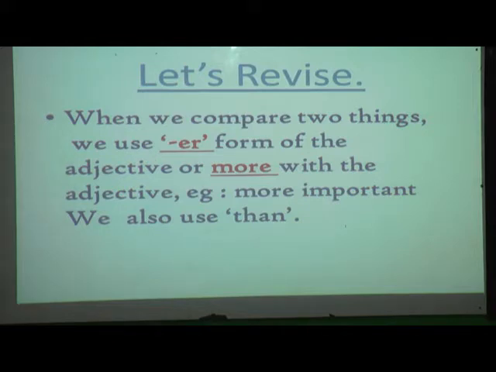Again I will repeat, students. We are revising what we have learned. When we compare only 2 things, persons or animals, what are we going to add? er form of the adjective. And when words are big, we are going to add more with the adjective. Example I have given, more important, and also we can use than.